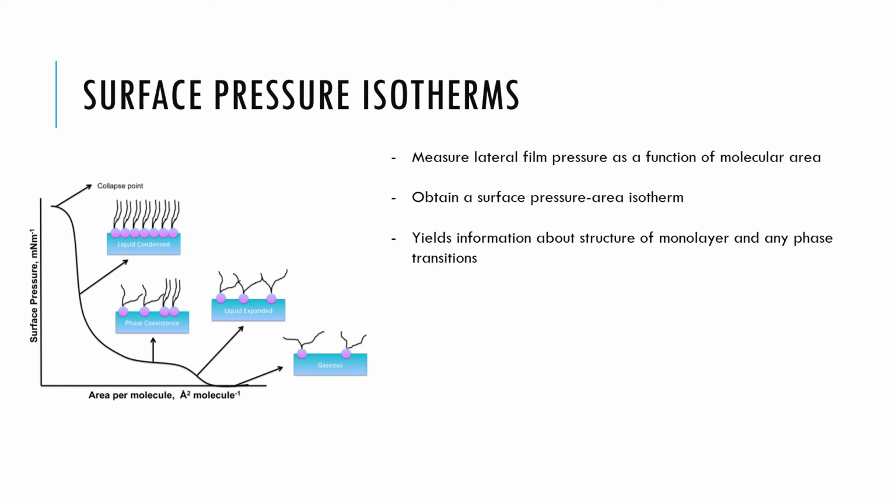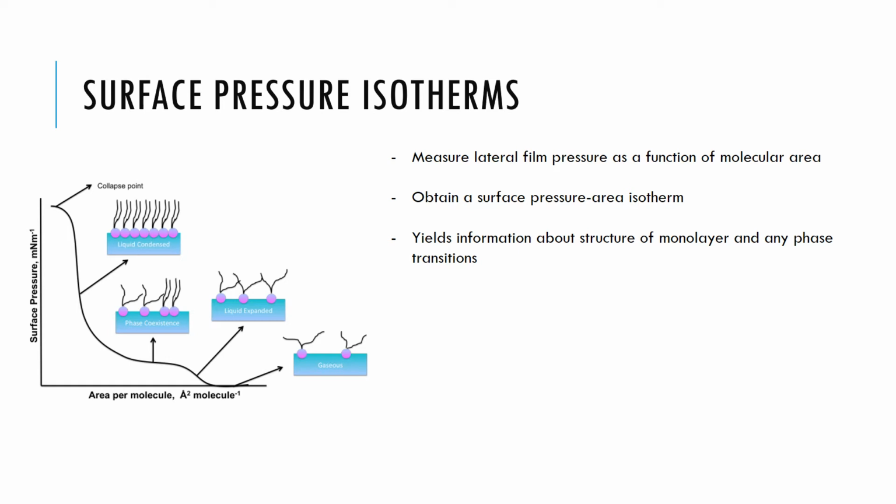And because of a force that is involved between those interacting lipid molecules, a repulsive force, the surface pressure starts to go up. Now, those lipid molecules start to interact even further, and they enter what's called a phase coexistence region, and they start to align themselves with respect to the surface plane of water.